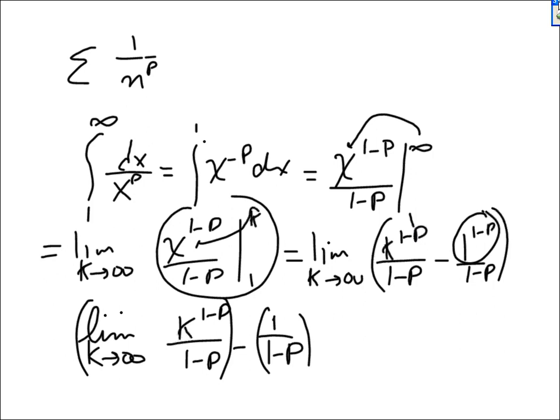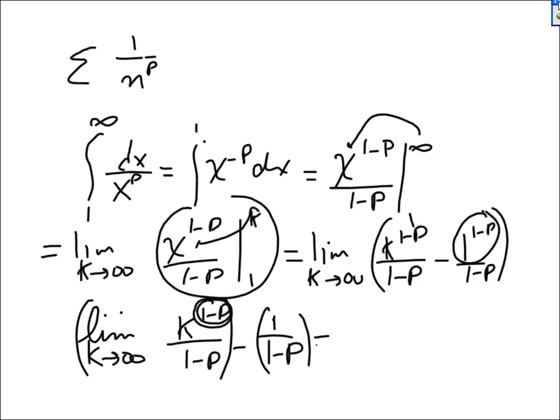Now, if this power is more than 1, k, a large number, raised to a positive power. If this power is positive, 1,000,000 to the third, a really large number. A billion to the fifth is a large number. 1,000,000,000 to the 50 is a large number.